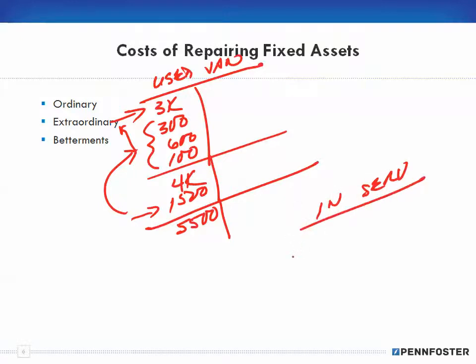Whatever costs are incurred in order to make the asset serviceable goes under book value. Once it's serviceable, then everything gets to be an ordinary expense, and any repairs are expensed.